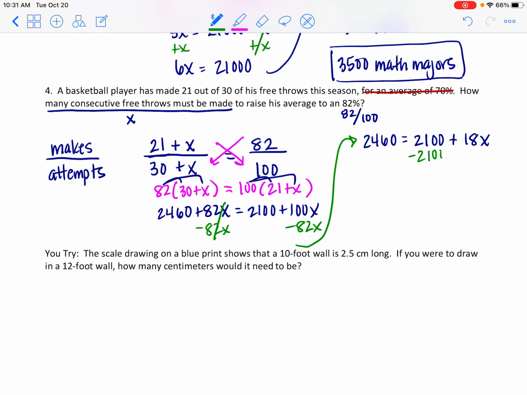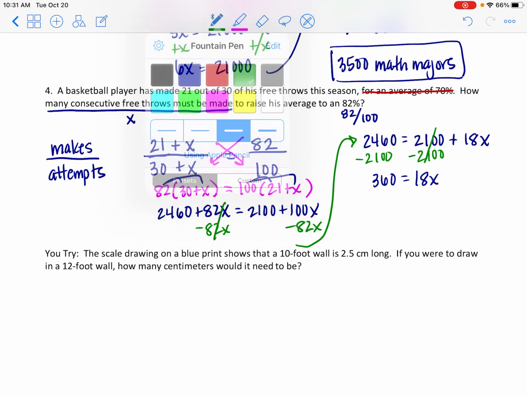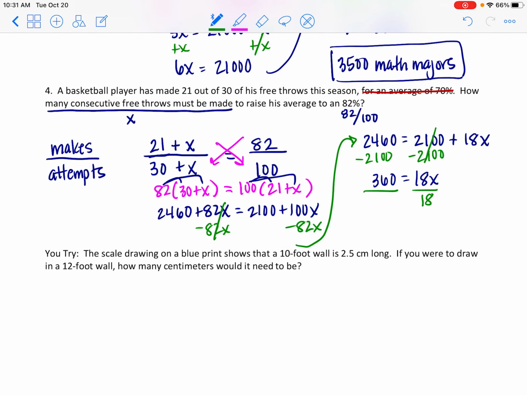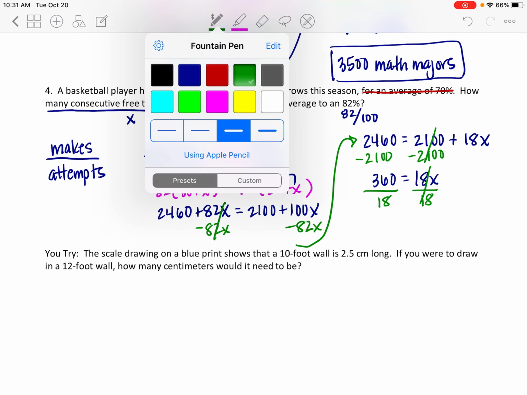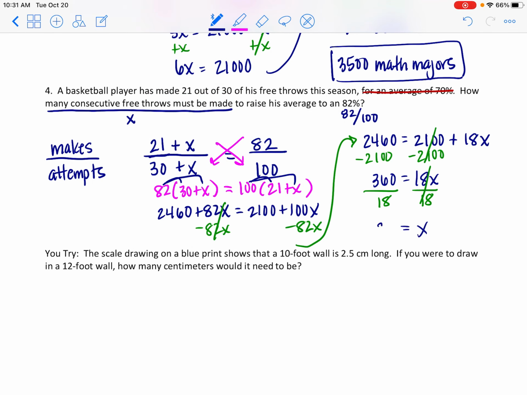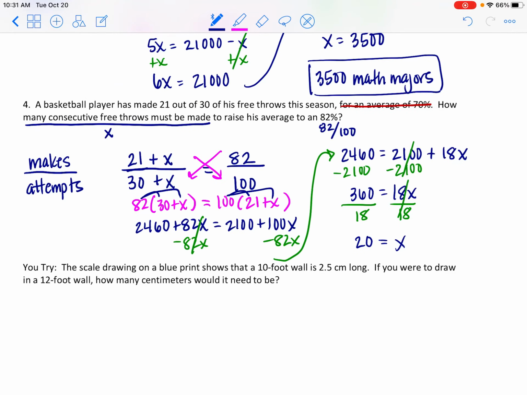Subtract over the 2,100, and so now we're looking at 360 equal to 18x, and now I can divide over the 18, and that leaves me with x equal to 20. So apparently, if he makes the next 20 free throws that he attempts, he will raise his average to an 82%.